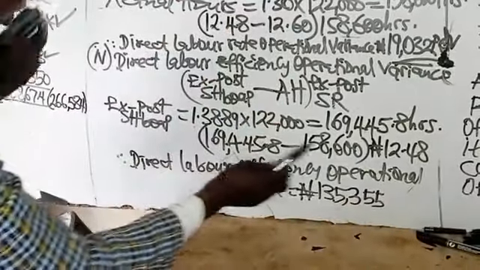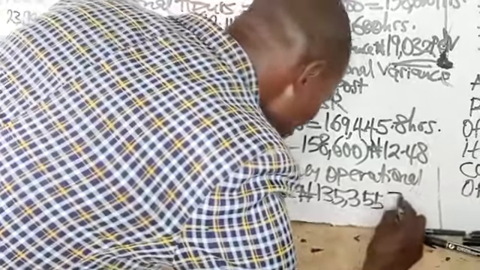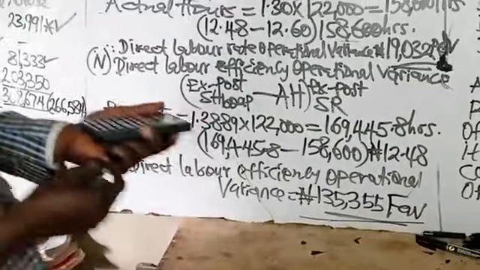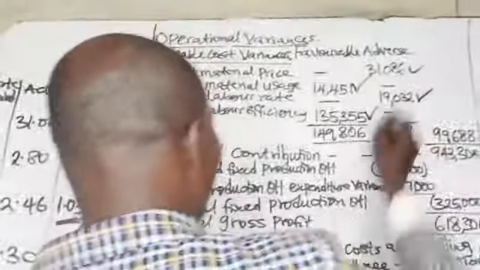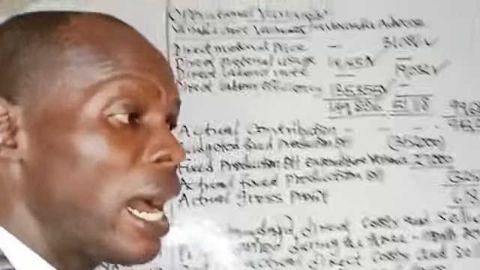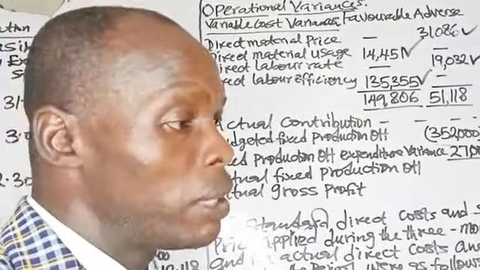This is greater than this, so it is a favorable variance. Favorable variance. And that agrees with this. So we have shown how they've arrived at the individual planning and operational variance.